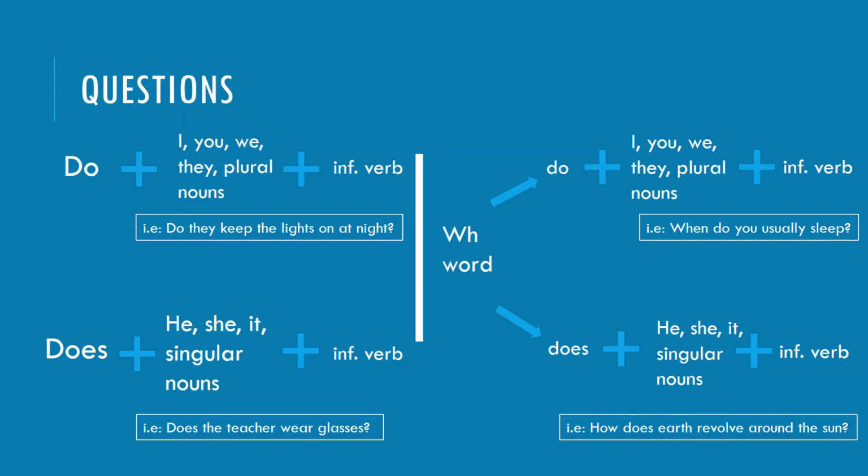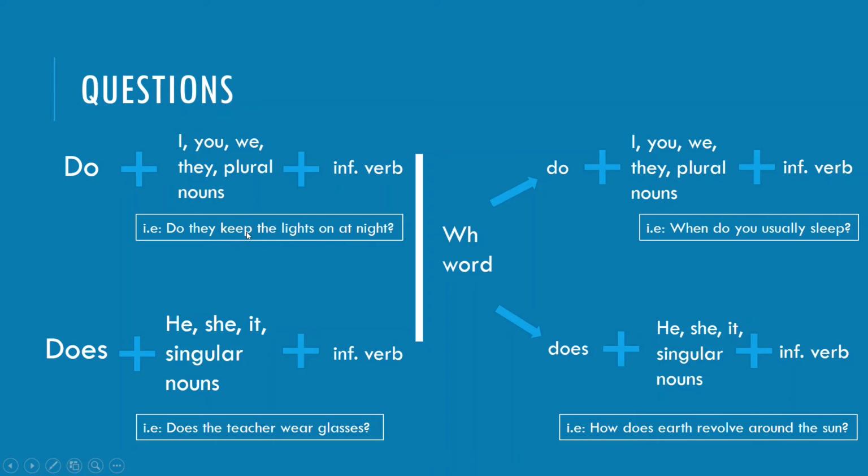So, when subjects are plural, we use do, and then the subject, and then the infinitive form of the verb. For example, do they keep the lights on at night? So, again, do comes first, and then the subject, and then it's followed with the infinitive form of the verb.